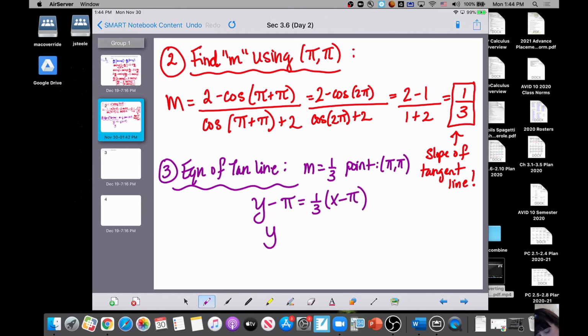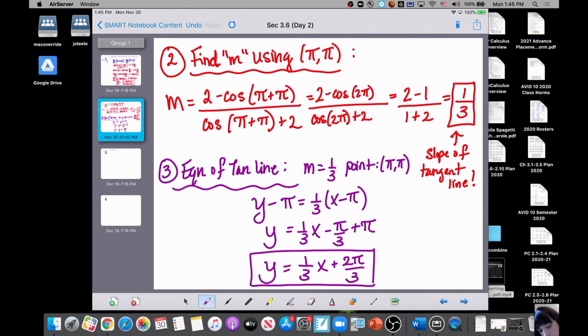I distribute, and I get 1/3 x minus pi over 3. But then when I add the pi from the other side and I combine like terms, I get y equals 1/3 x, negative pi over 3 plus pi is like 3 pi over 3, so this gives me 2 pi over 3 for my y-intercept. So here's the equation of my tangent line to the curve at the point (pi, pi).